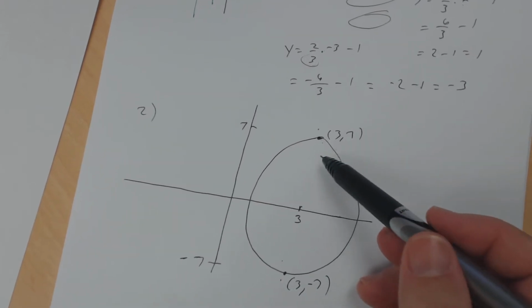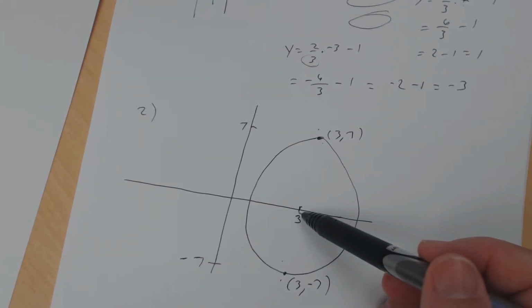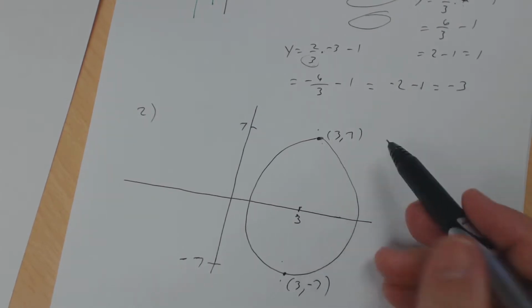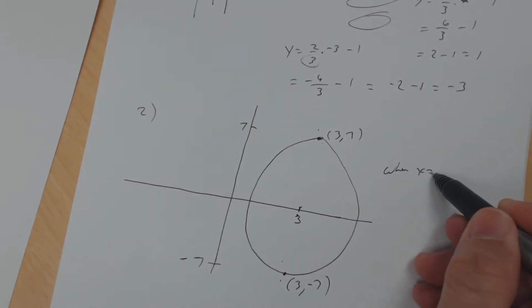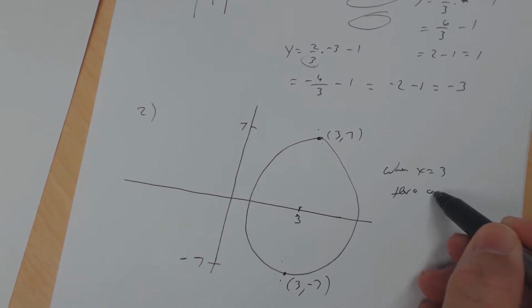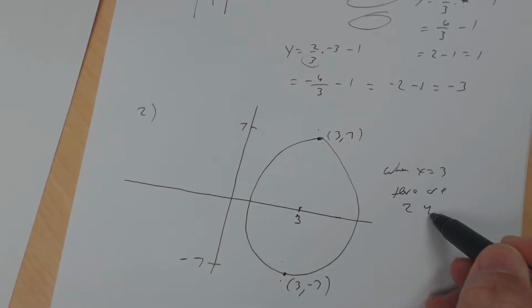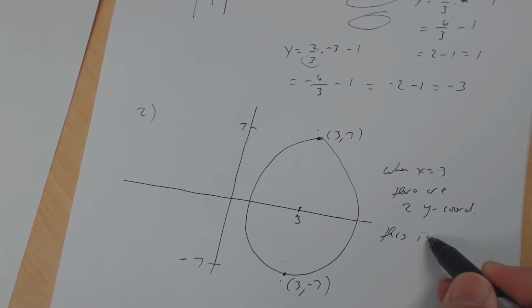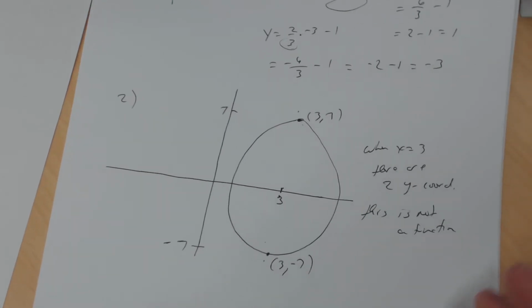Okay, so now I'm asking you this. For this x coordinate, is there only one y coordinate? The answer is no. When x equals 3, there are 2 y coordinates. So this is not a function. All right, this is not a function.